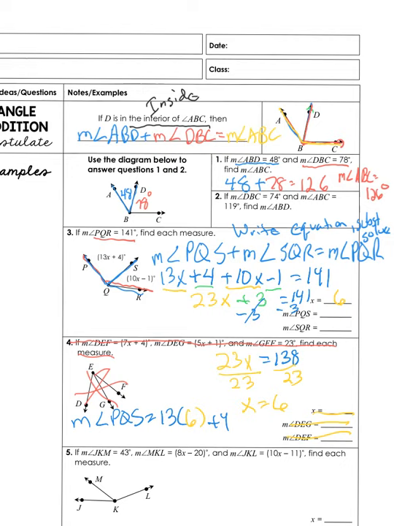I get 82, so PQS is 82 degrees. And now I need to do the same thing with the measure of angle SQR, except SQR was equal to 10x, where x is 6, minus 1. 10 times 6 is 60, minus 1 is 59. So that concludes part 1.